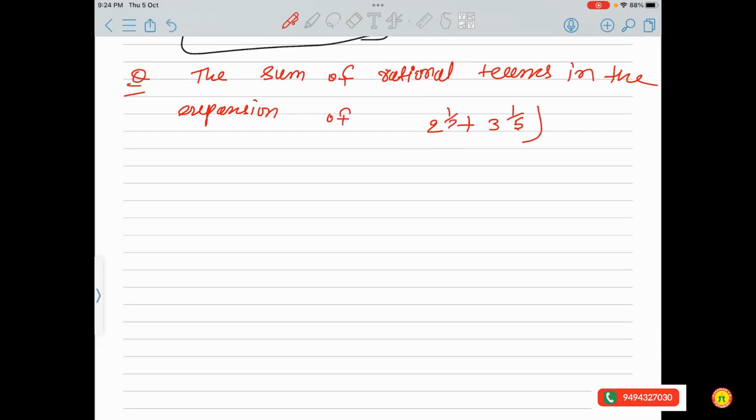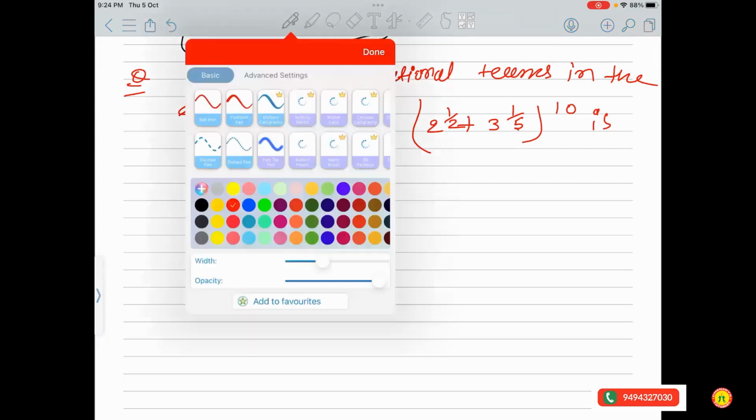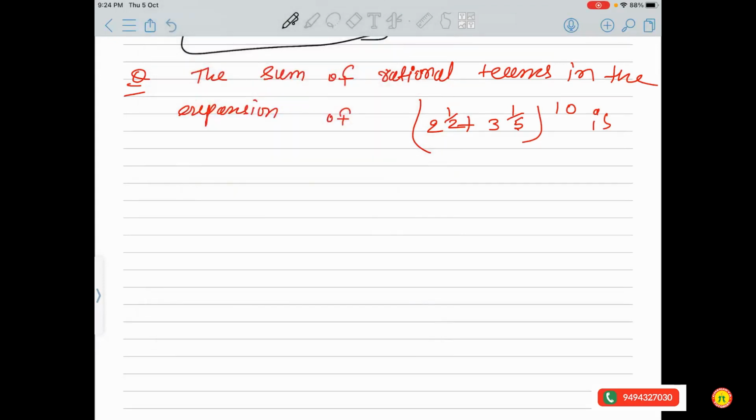So for a rational term, the power of 2 must be an integer, and the power of 3 must be an integer, right? Got it? There are irrational numbers and rational numbers, right? So root 2 is an irrational number, and 2 is a rational number. You already know this.